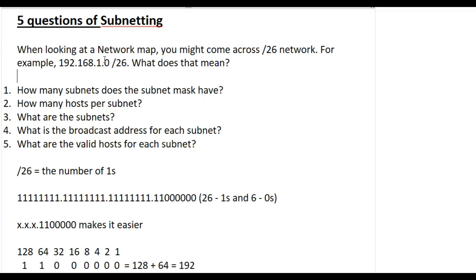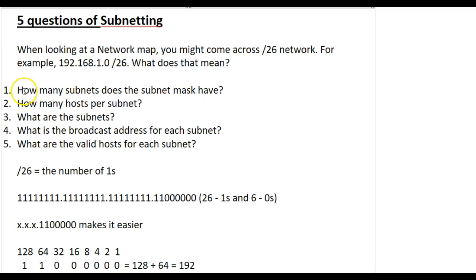Actually, you'd minus 2, so 253 hosts, because the first IP address has to go towards the subnet, and the last one is always going to be the broadcast. So you can't really use 192.168.1.255.